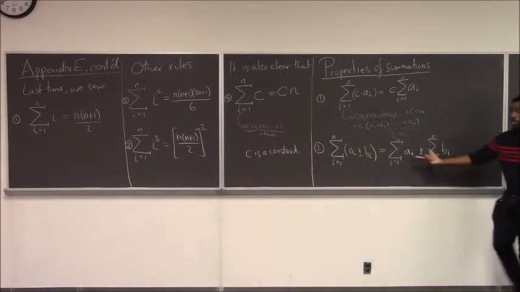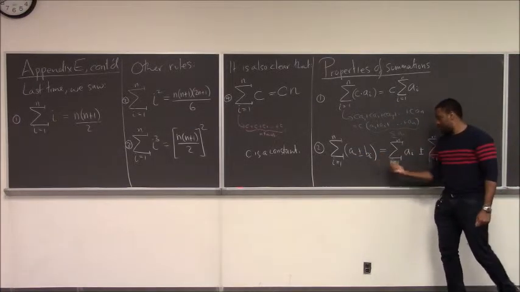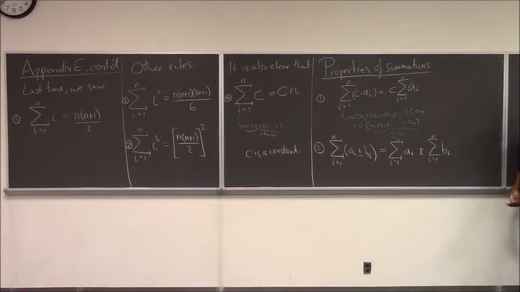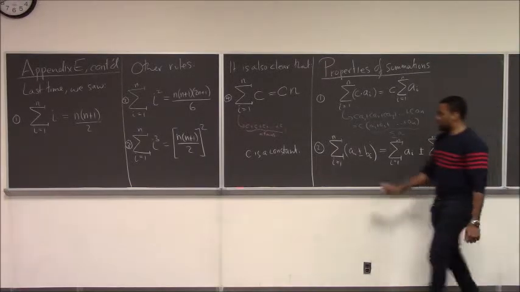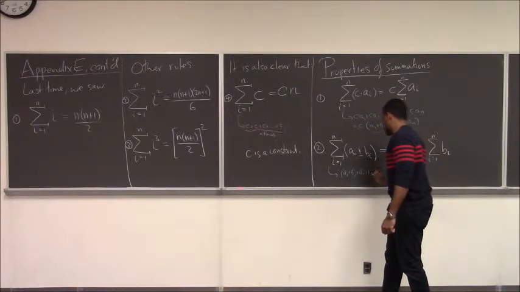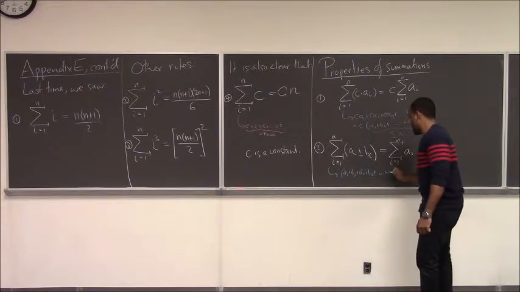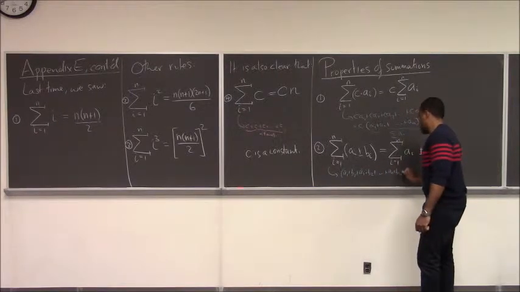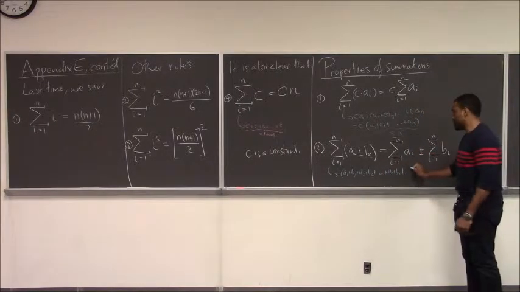So you can add two summations simply by taking the sum of the addition of the formulas. And that one is pretty much because if you have a1 plus b1 plus a2 plus b2 plus dot dot dot an plus bn, basically you can just regroup.